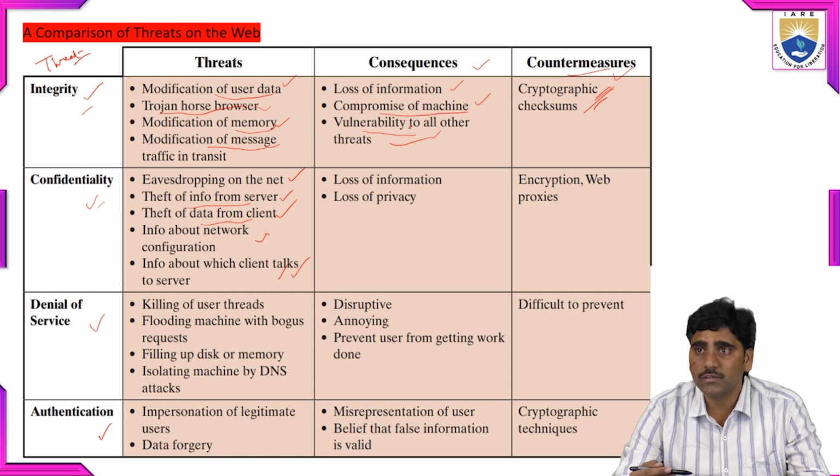And what are the consequences we are going to face? By confidentiality threats occurring, automatically loss of information occurs, and loss of privacy too. You lose your privacy and your information.